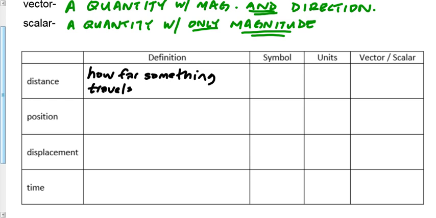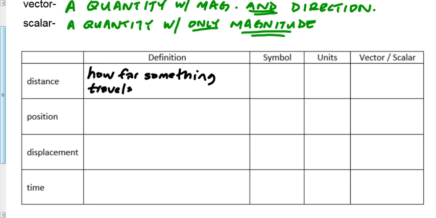I'm standing right here, 2 meters. Listen carefully. I'm standing right here, right now, 2 meters from the front of the room. Now I'm standing 8 meters from the front of the room. What's my distance? What distance did I travel there? I was 2 meters, now I'm 8 meters. What's my distance traveled? 6 meters. How far something travels, how far I traveled?